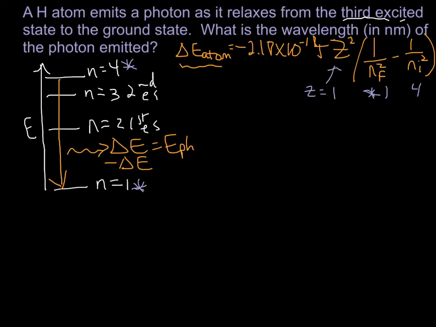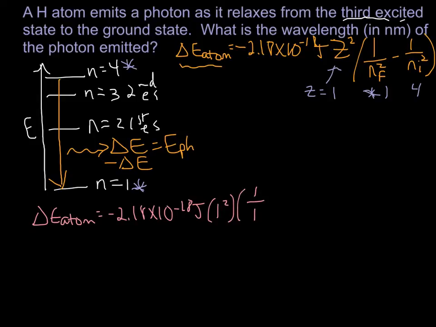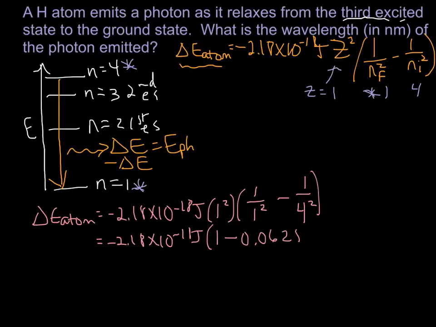So delta E atom equals negative 2.18 times 10 to the negative 18 joules times 1 squared, which of course is just 1, times 1 over 1 squared, because that's n final, minus 1 over n initial squared, which is 4 squared. Let's do the calculation: negative 2.18 times 10 to the negative 18 joules times 1 minus 1 divided by 16, which gives 0.0625.